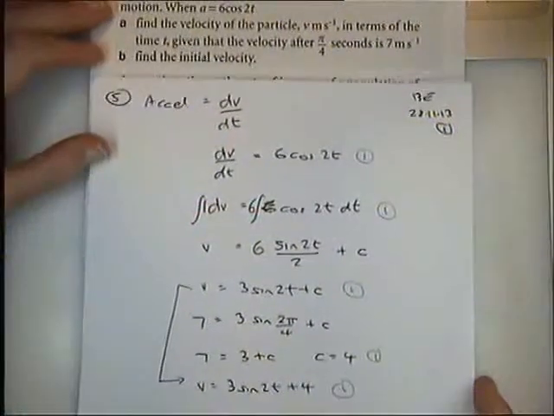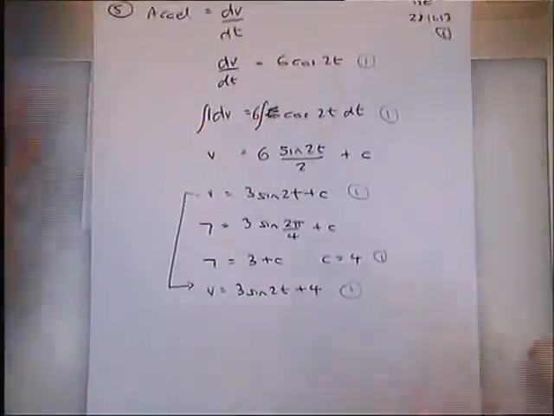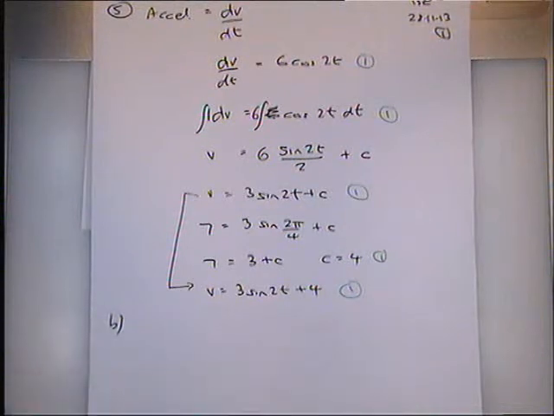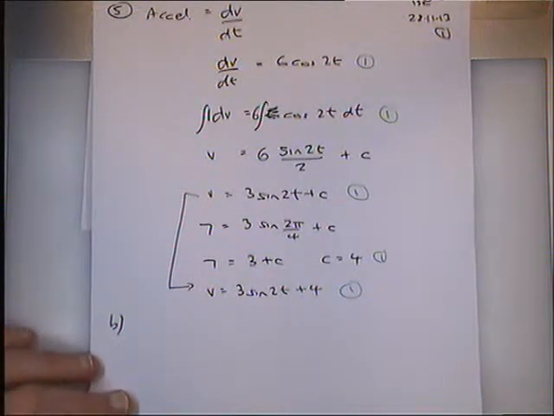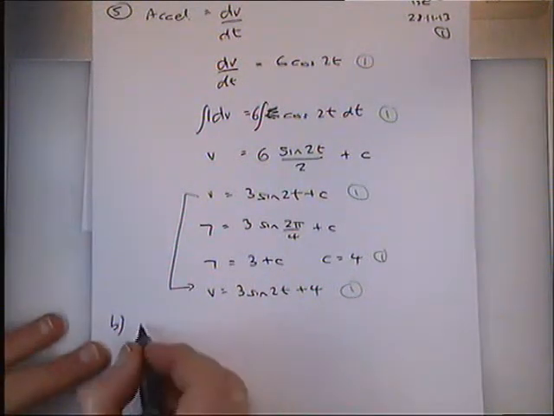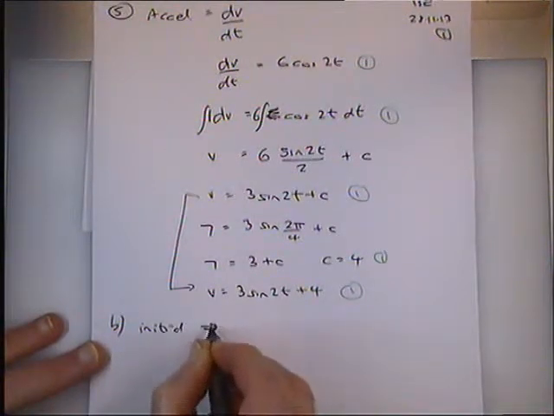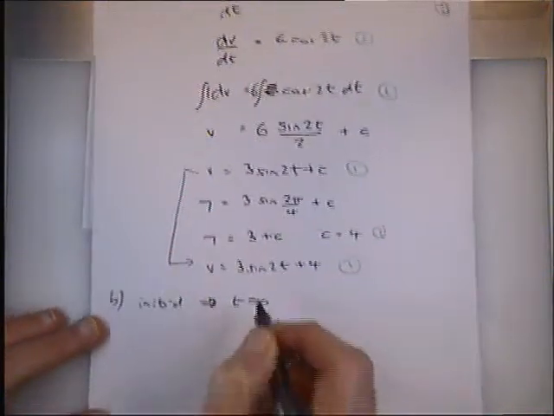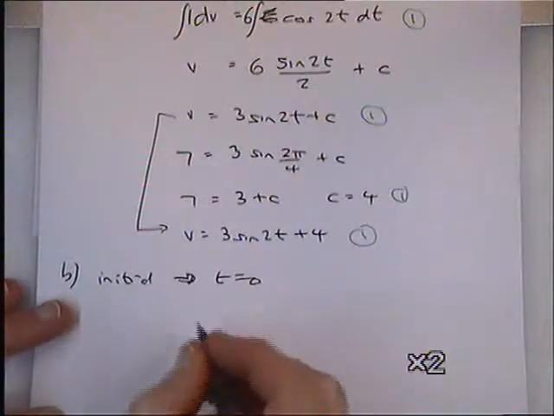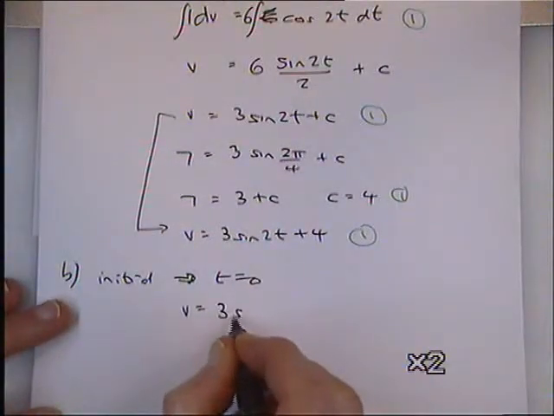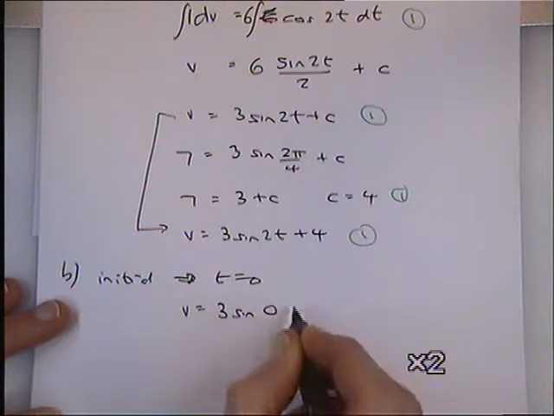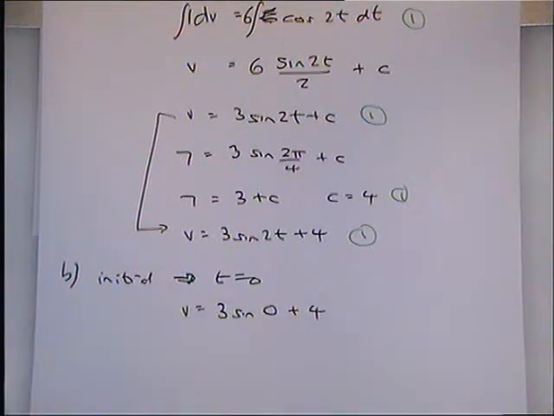Part B of the question, find the initial velocity. What do I need to do to find the initial velocity? Yeah, that's right. Initial means at the beginning, at the very start. So if they're talking about the initial something, that is when t equals 0. So substitute t equals 0 in there. We get v equals 3 sine of 2 lots of 0, plus 4.